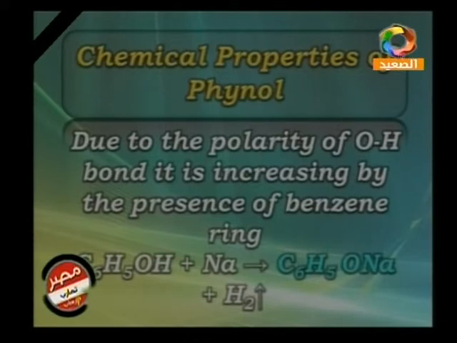So in this reaction, if phenol reacts with sodium, the benzene ring makes hydrogen move away, or evolve, from the reaction. So the sodium replaces hydrogen here to make what?